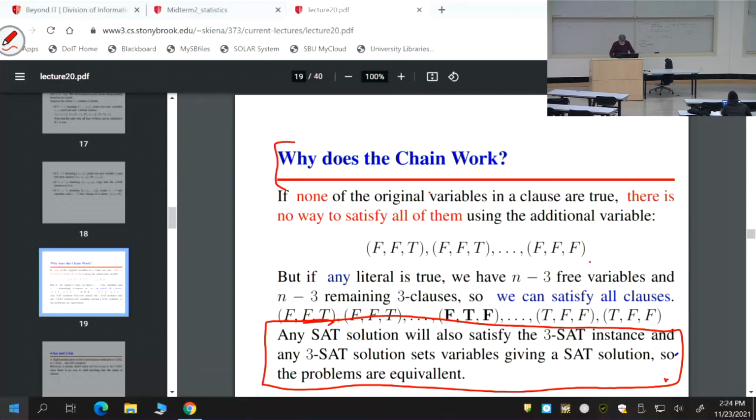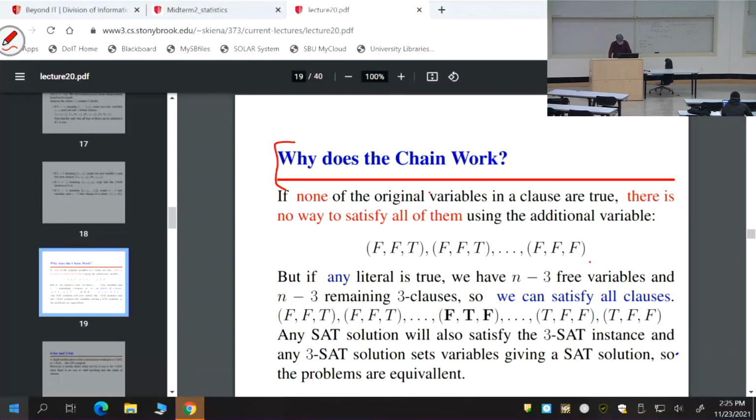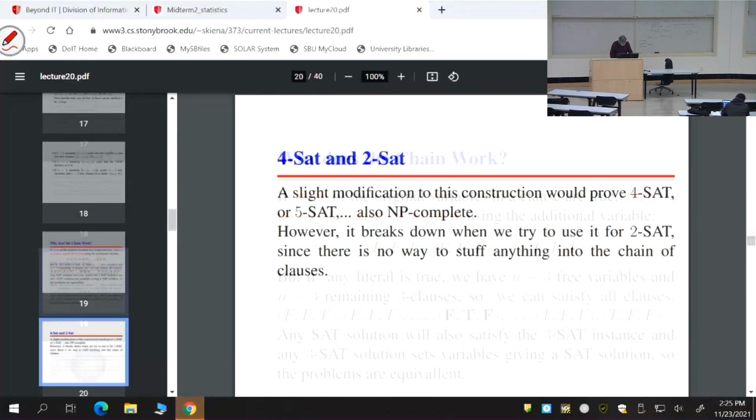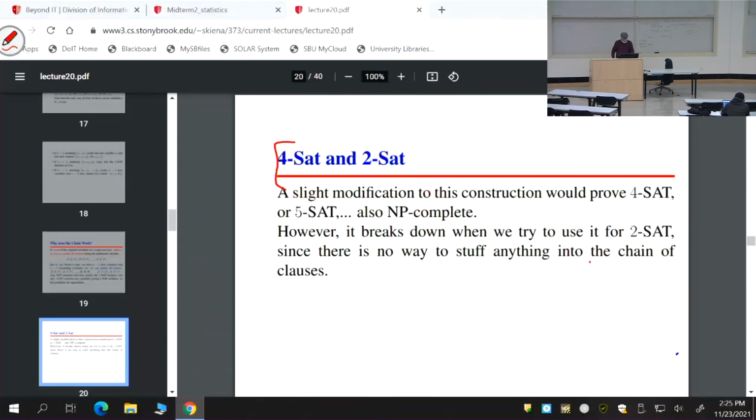Okay, let's look at some other generalization of this. Is the 4-SAT problem hard? Okay? Suppose I asked you about 4-satisfiability.